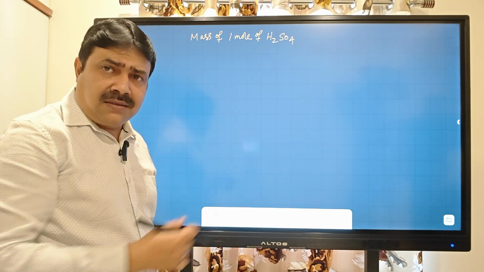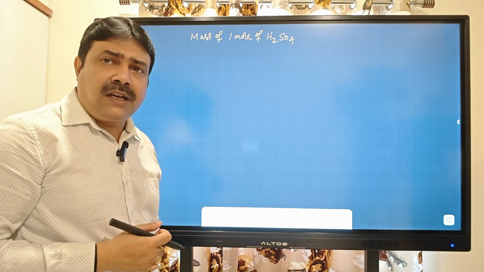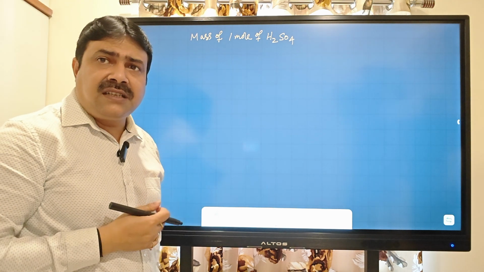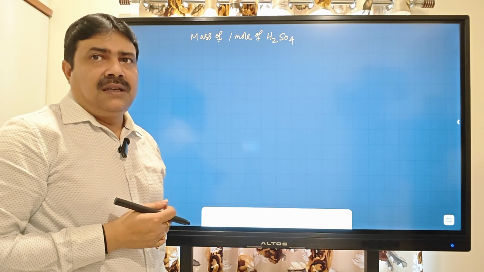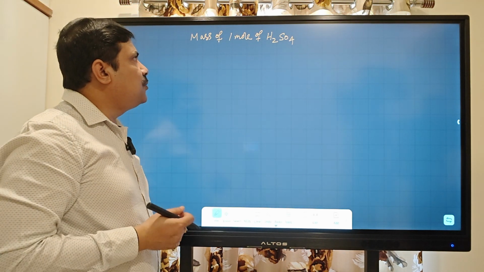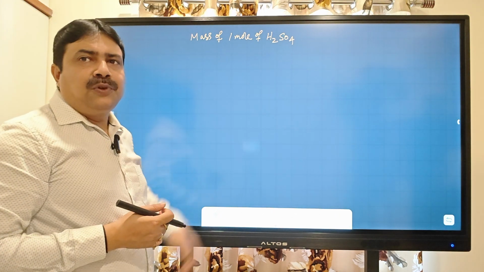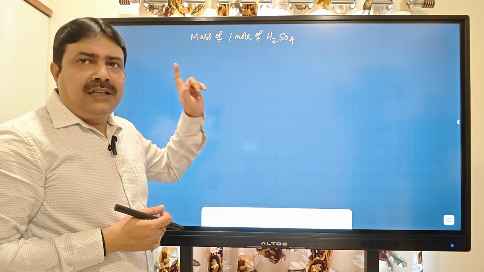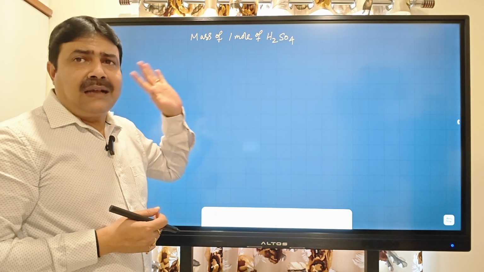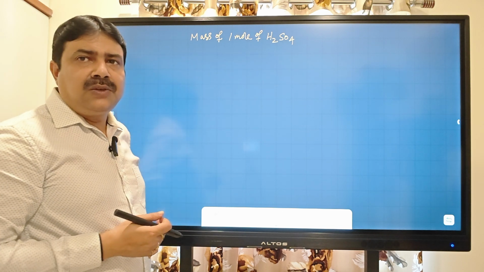One ion mass they express in terms of what? AMU. But molar mass is generally expressed in terms of what? Grams. So now, whenever we want to find the mass of one molecule of H2SO4, I have to sum up the masses of each element's atoms multiplied by their number, the number in which they are present in that molecule.